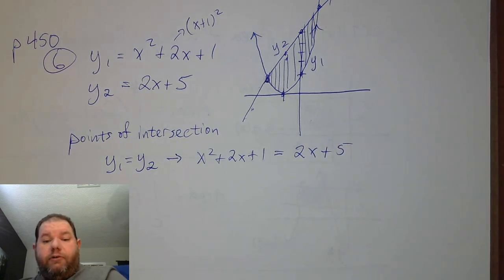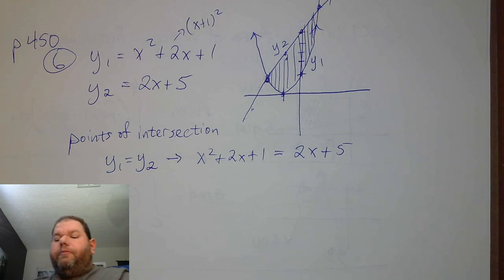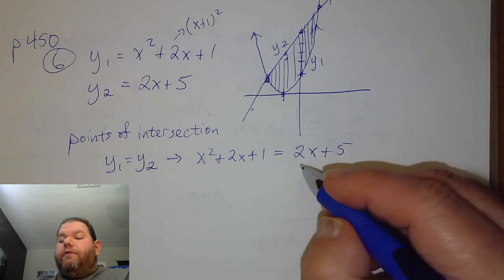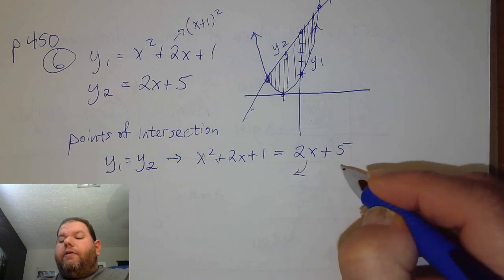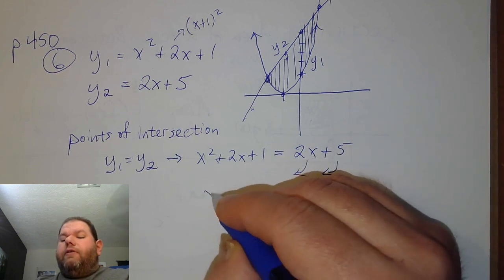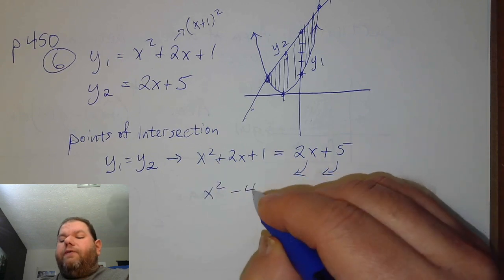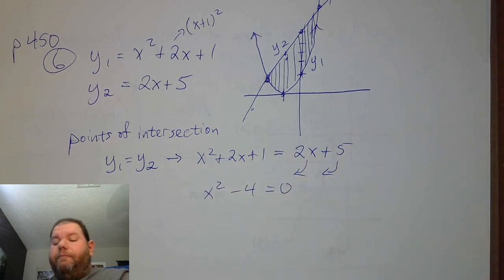We set those equations equal to each other and solve for x. So we'll subtract over the 2x and the 5, and that gives us x squared minus 4 is equal to 0.